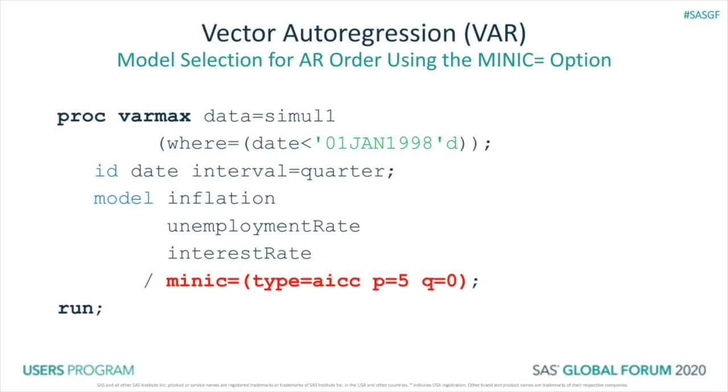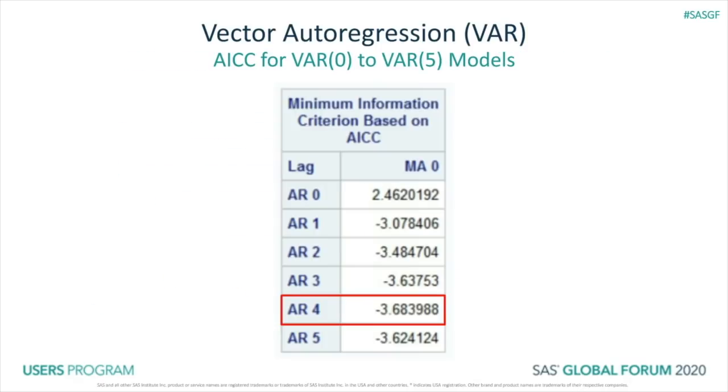We'll use the minimum information criterion method to help us determine how many lags of past information we should include. As shown in this result, AR4 has the minimum AICC, which means we should use P equals 4 for our lag.